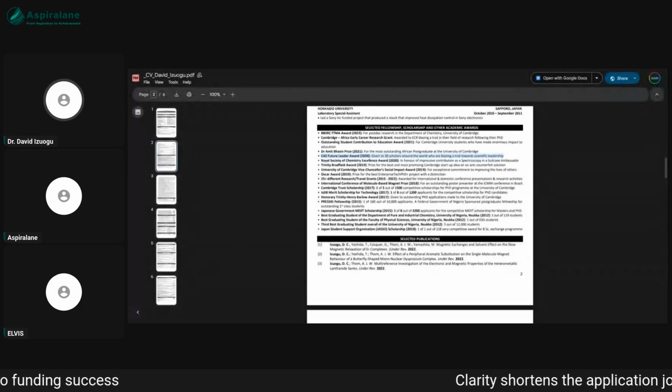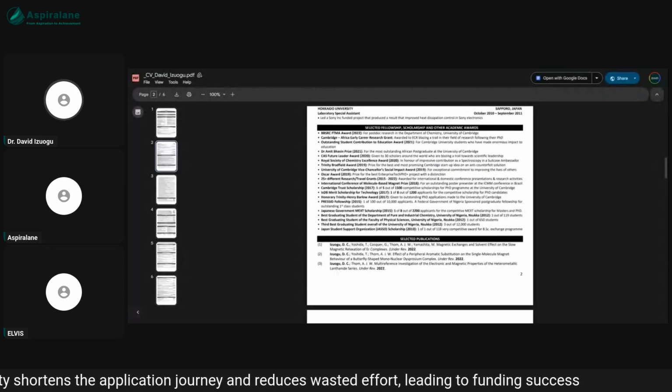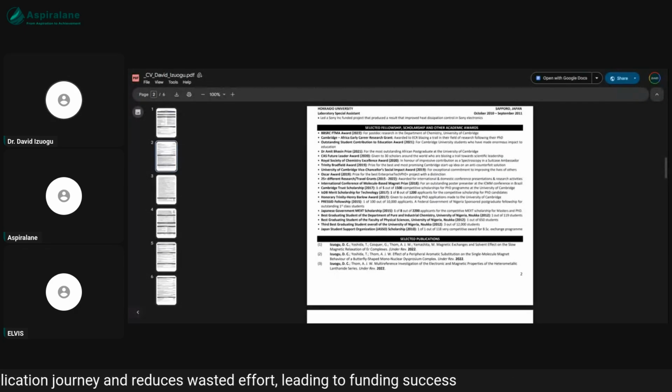So here, I'm saying given to 30 scholars. If I just say, hey, I got a CAS Future Leader Award, you might not appreciate how competitive that award is.